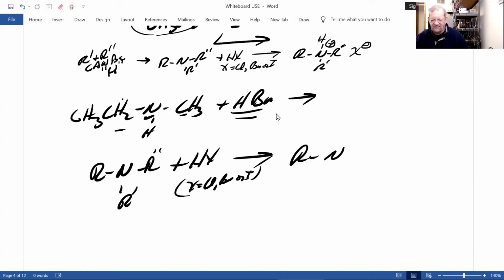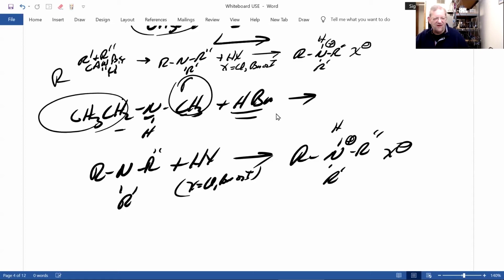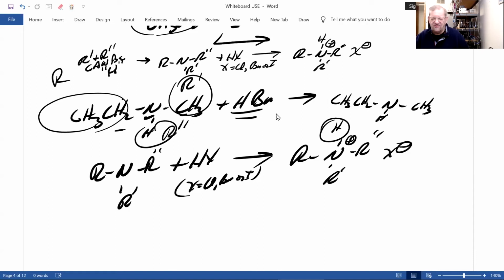And what I make is an amine salt. In this case, I can call this R, I can call that R prime, I can call that R double prime, and therefore that's still attached. I'll add another hydrogen. This now has a charge, but you don't have to put it. And we have a counter ion, in this case, X is bromine.